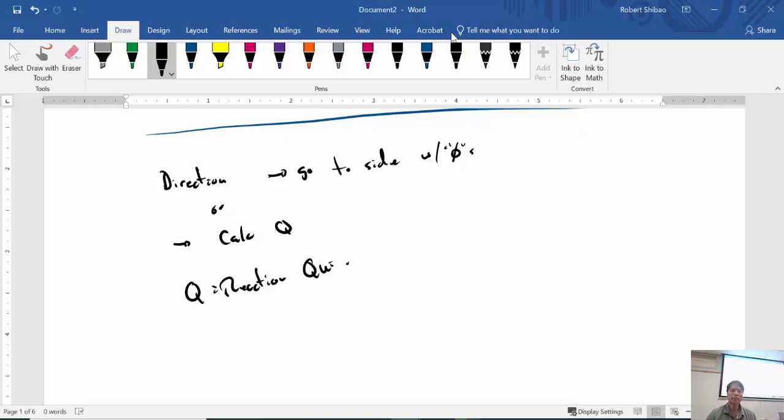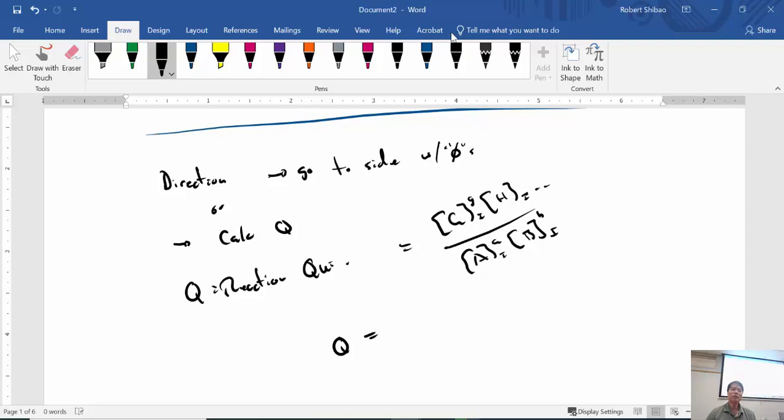And it's equal to the initial concentrations of the products over the initial concentrations of the reactants. And then what we do is we compare Q with K.